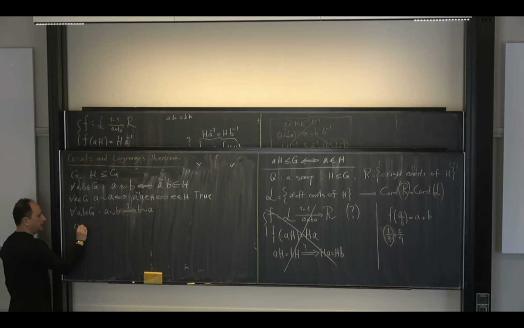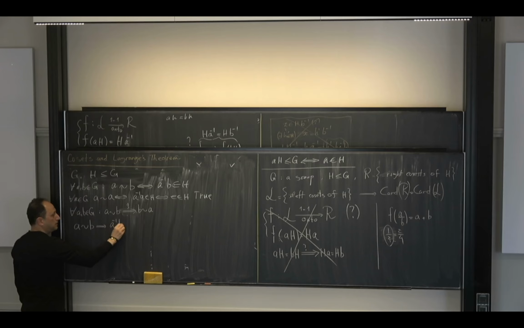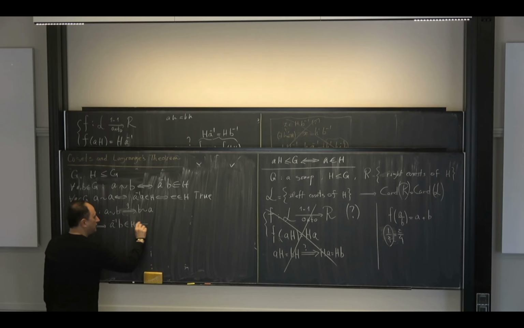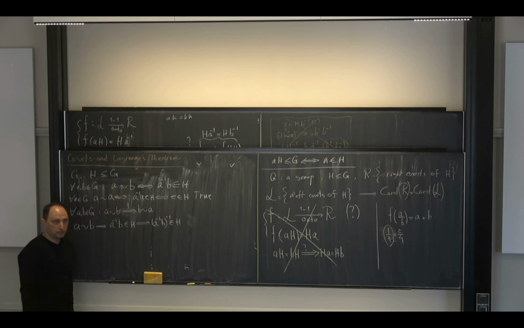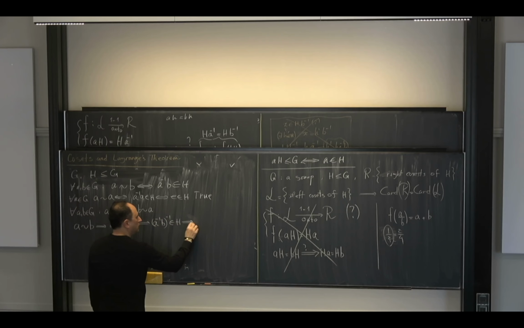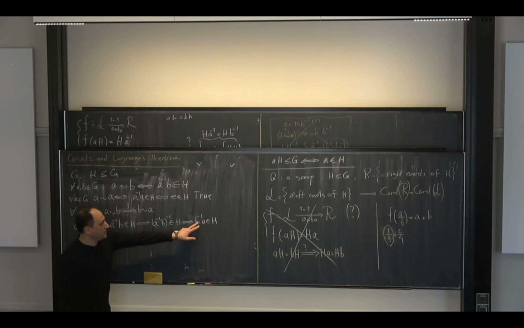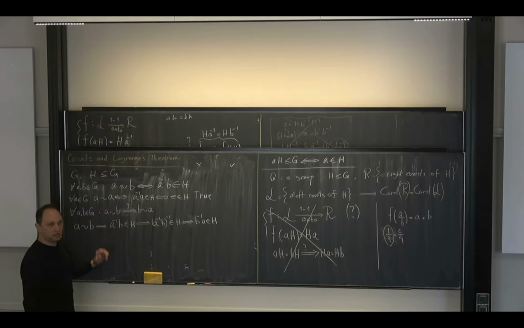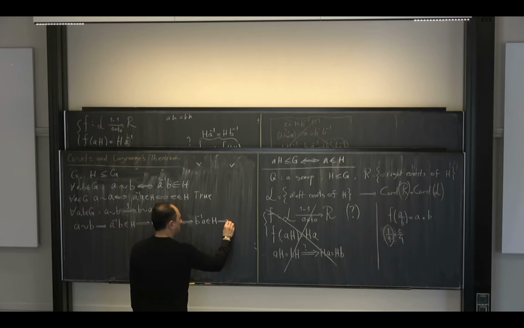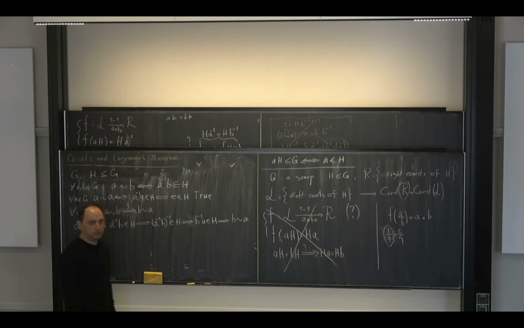So I say that A related to B according to the problem means A inverse B belongs to H. Do you agree that if an element is in a subgroup, its inverse is also in the same subgroup? Yes? But then what does this mean? According to socks and shoes, I can write it as B inverse A belongs to H. And do you see what happens? This is the same expression except that A and B are swapped. So this means that B is related to A.